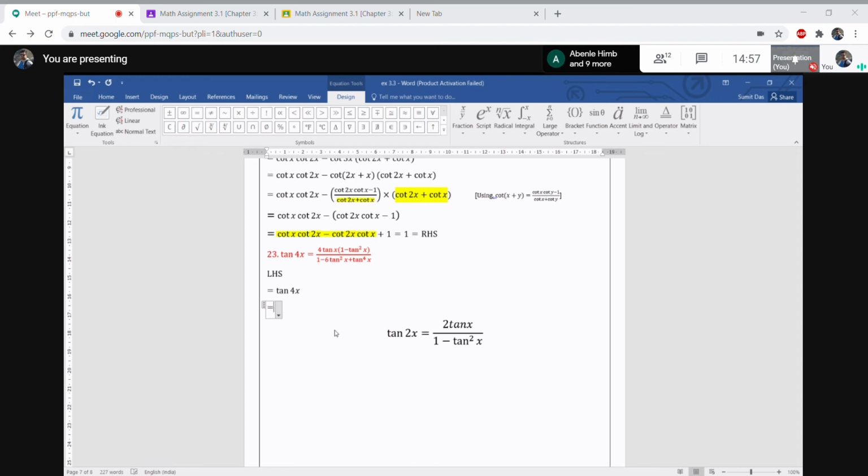Tan 4x, we can write tan in bracket 2 into 2x, right? Now here x means 2x, so what will be the formula? The formula will be 2 tan x.